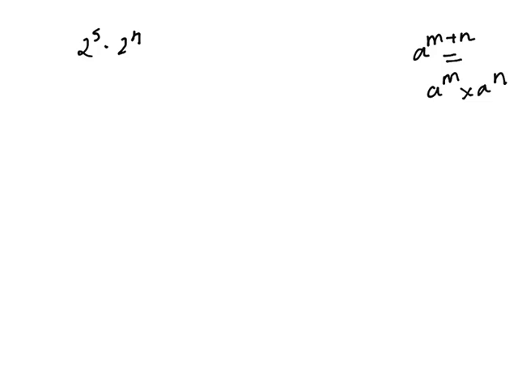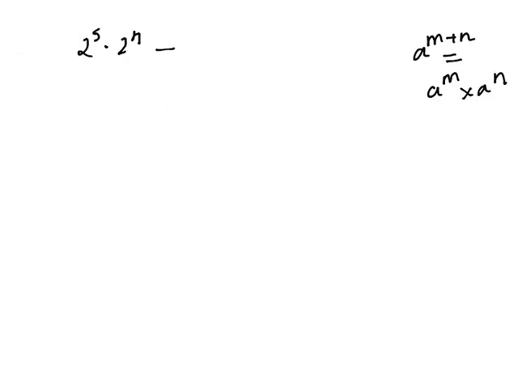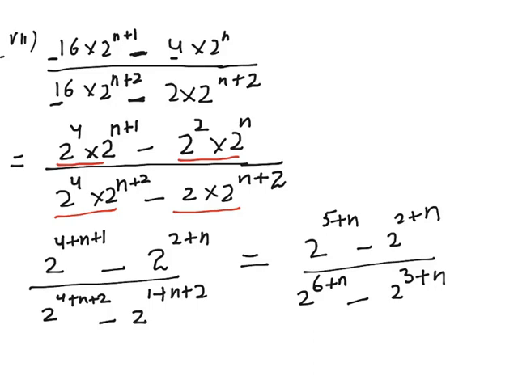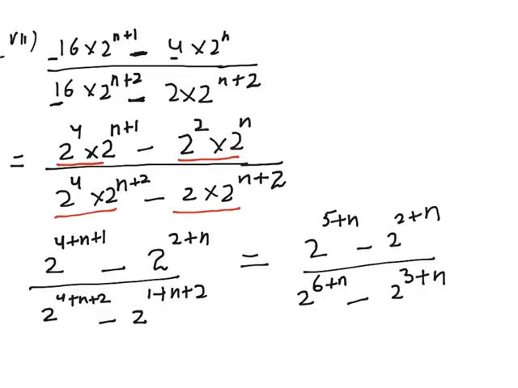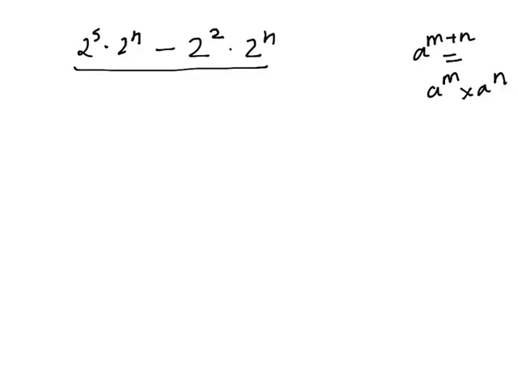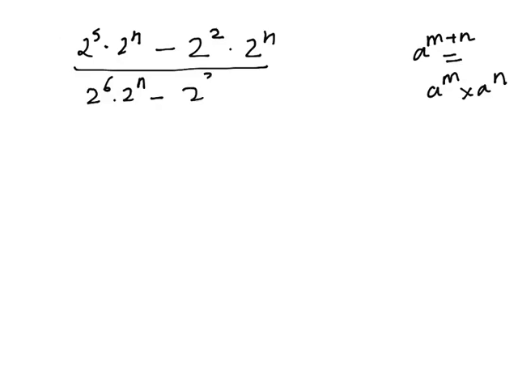Similarly, minus 2 raised to the power 2 plus n, we can write as 2 raised to the power 2 times 2 raised to the power n. In the denominator, we will write it similarly: 2 raised to the power 6 into 2 raised to the power n, minus 2 raised to the power 3 times 2 raised to the power n.